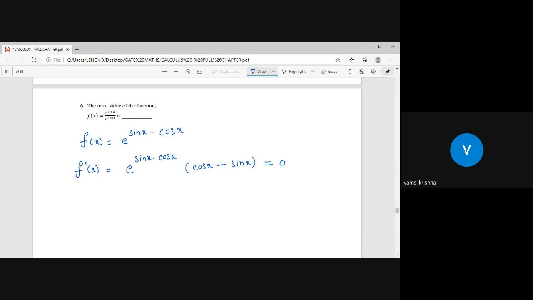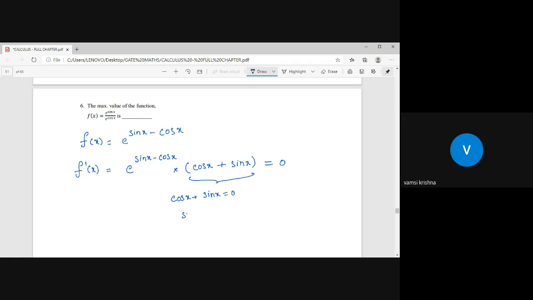As we discussed earlier, e power of sin x minus cos x cannot be equal to 0. The product of two things equals 0, so the second part only is 0. So we get cos x plus sin x equals 0.